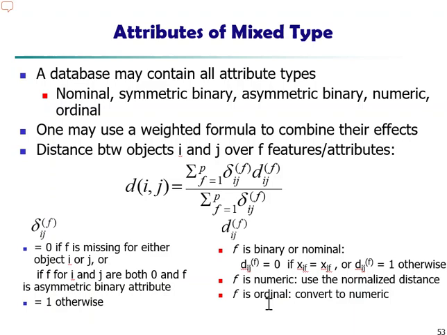If f is ordinal data, again, we just talked about it. We convert ordinal data to numerical data, and then use the numerical data method to deal with it. So this is how we compute the distance on a specific feature.